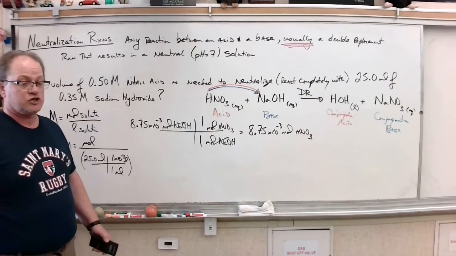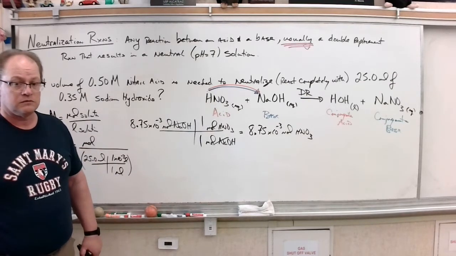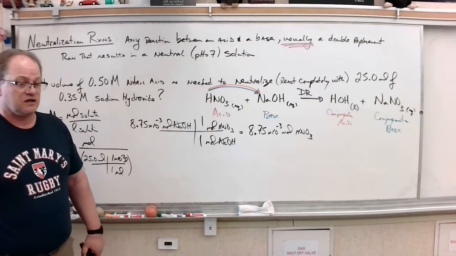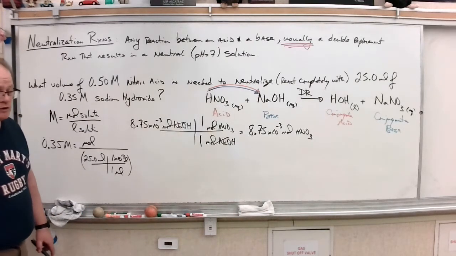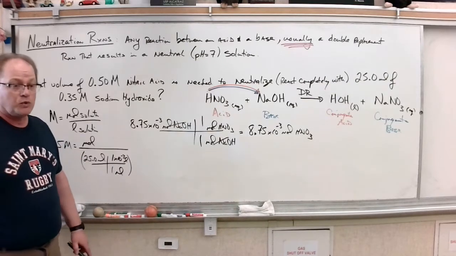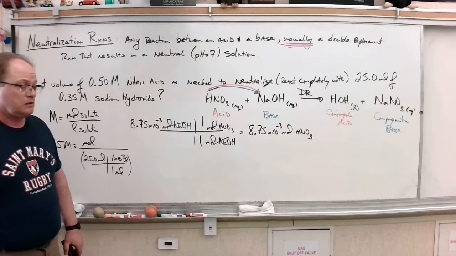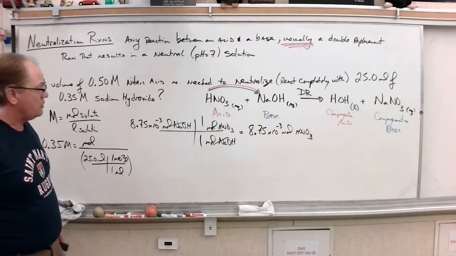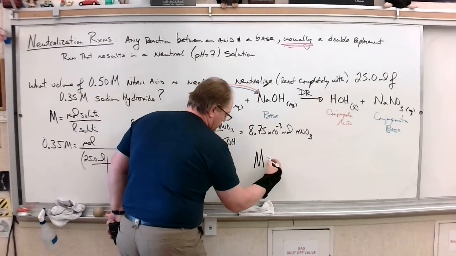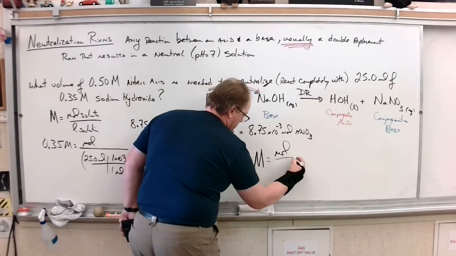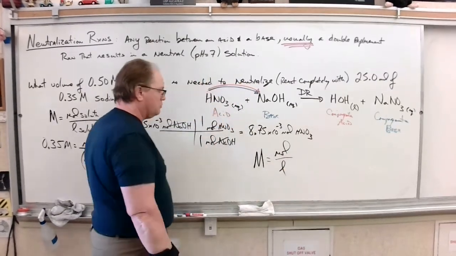Does that answer the question, though? No, it doesn't answer the question. The question asks what volume of a solution, and that's not a volume, that's moles. Well, we need to go answer the question then, what volume of the solution? Well, I'm going to need to use molarity again. Moles per liter.